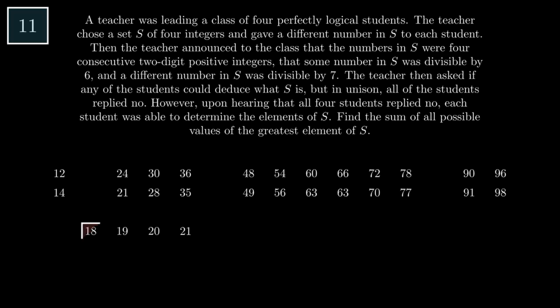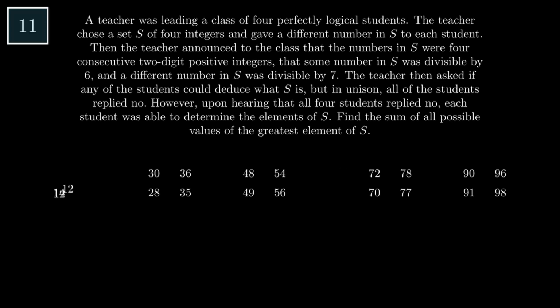But there's nothing to the left, and there's nothing to the right. So if I got 18, I'm 100% sure that the elements of S are 18, 19, 20, and 21. So I will be able to figure out what S is. So we cannot have this situation where we have 18 and 21. So we can eliminate those. Similarly, we can eliminate every pair that has a difference of 3.